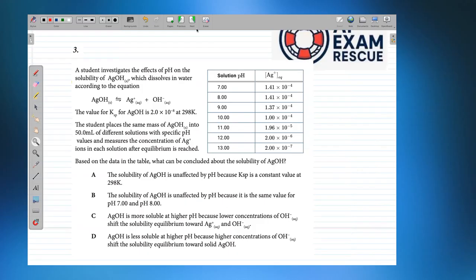Ksp is just 2 times 10 to the power of -8. The student places the same mass of silver hydroxide into 50 ml of different solutions with specific pH and measures the concentration. Based on each data, what can be calculated about the solubility of silver hydroxide? What happened here? Can you just tell me without looking at the options?